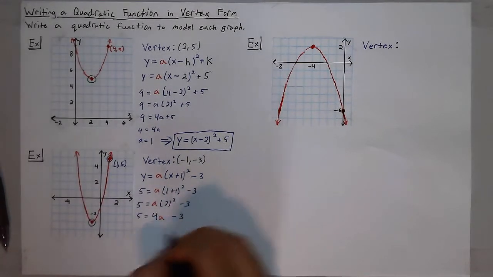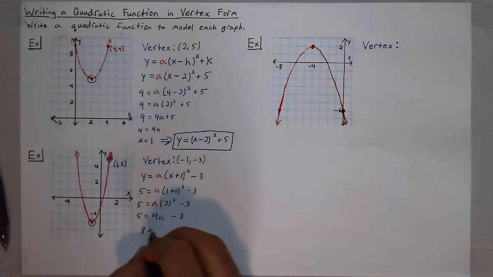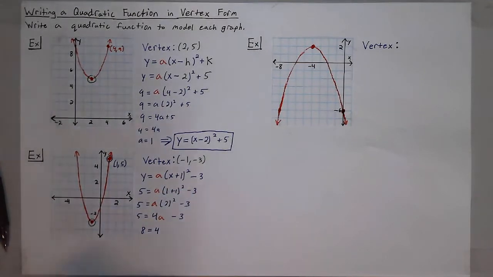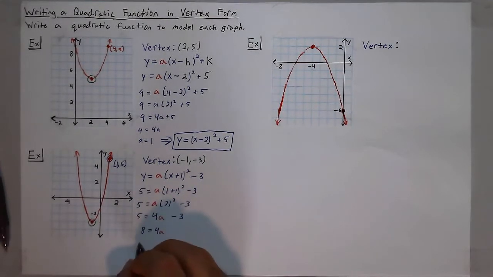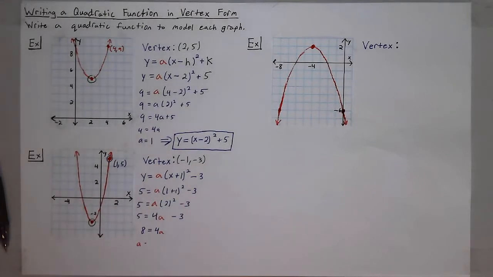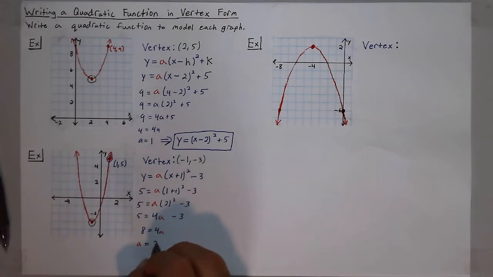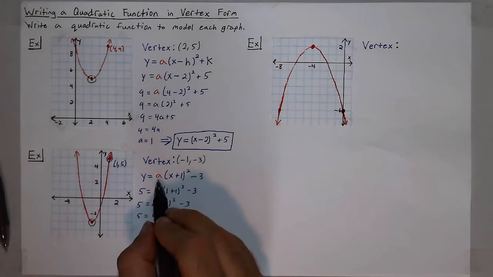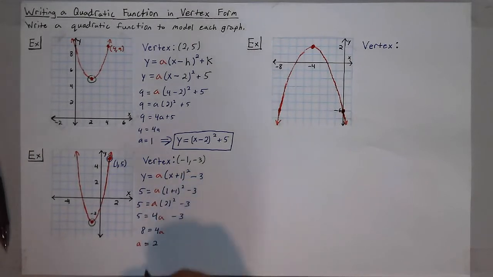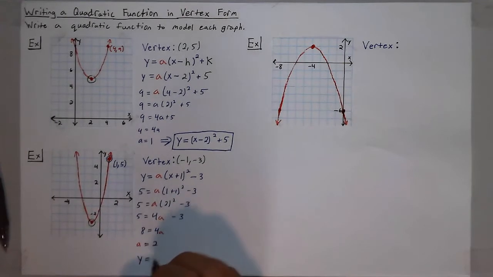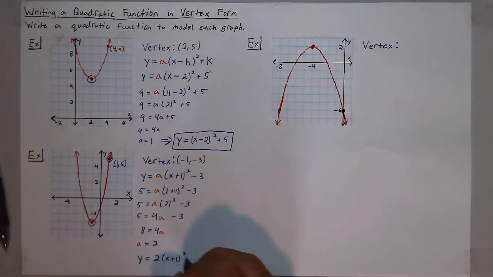We can add 3, giving me 8 is equal to 4a. Finishing this will give me a is equal to 2. So perfect. I now know that I just replace this a with a 2, and I'll have my function. So y is equal to 2 times x plus 1 squared minus 3.